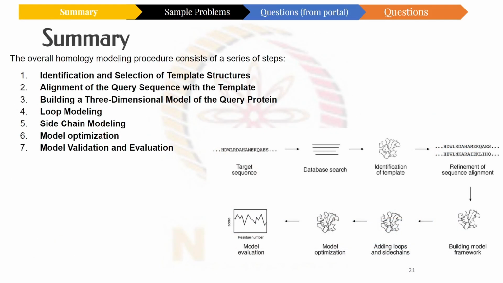Now, to discuss more about homology modeling, the first step in the process is identifying and selecting an appropriate template structure from PDB. PDB is the Protein Data Bank, which is a database for all protein structures. So to identify appropriate templates, a pairwise sequence alignment such as BLAST can be done to identify the proteins with high sequence homology to the input sequence. So how can we do this? We can go into BLASTP, then input our sequence for which we need to get the structure, then perform BLAST by selecting PDB as the reference database.